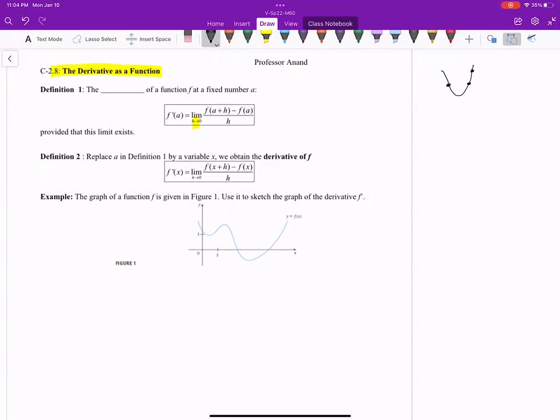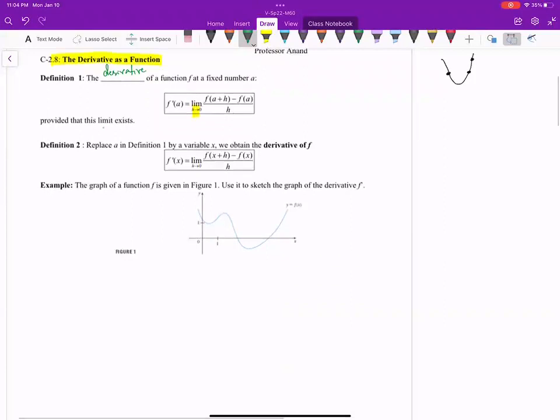So the derivative of a function f at a fixed number a is f prime of a, which is the limit of f of a plus h minus f of a over h, as h approaches 0, provided that this limit exists.